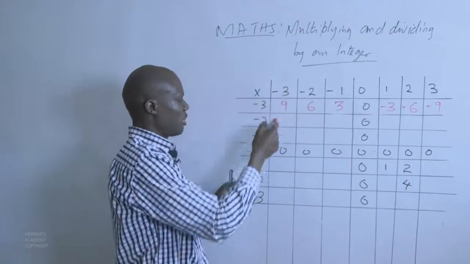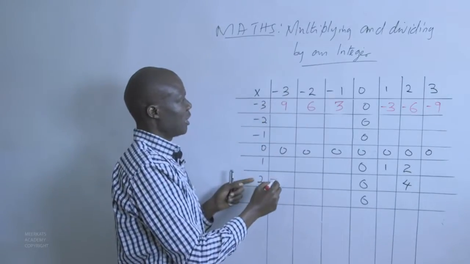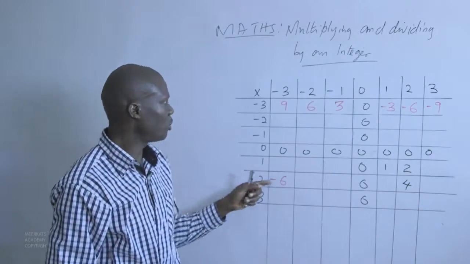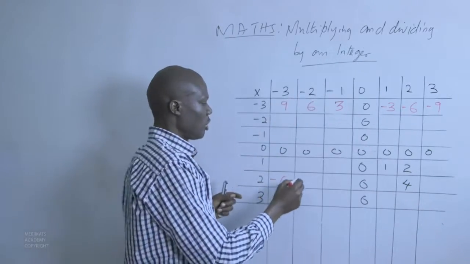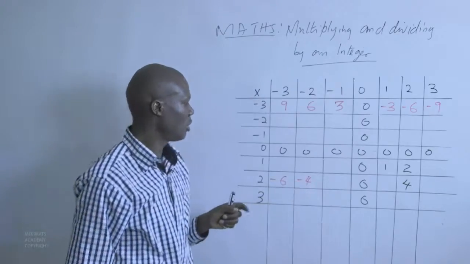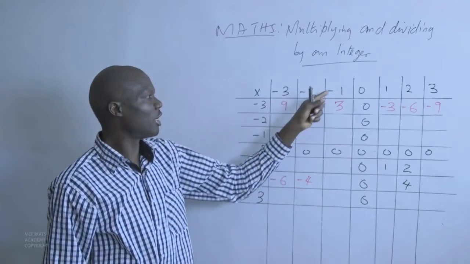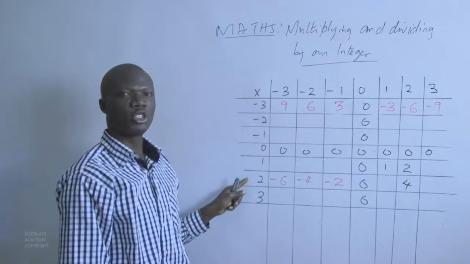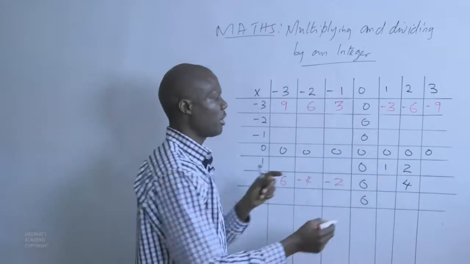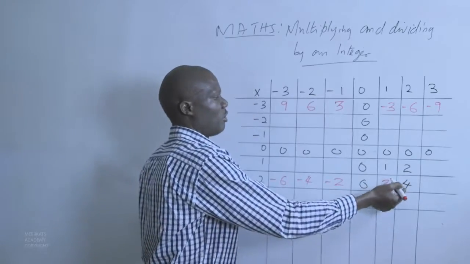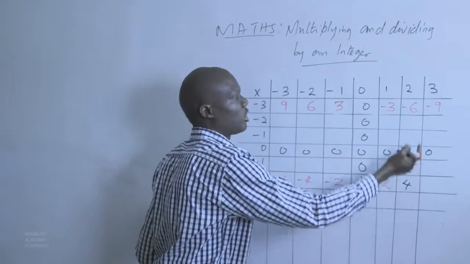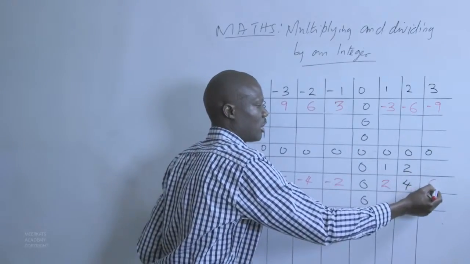Positive 2 times negative 3 here will give us negative 6. Positive 2 times negative 2 will give us negative 4. Positive 2 times negative 1 will give us negative 2. Positive 2 multiplied by 1 will give us a 2. For the 2 we have already been given 4, and for 3 will be 2 times 3, which is a 6.